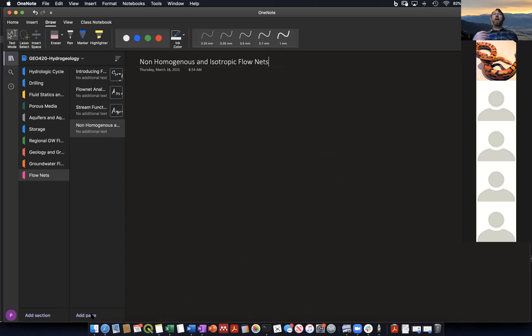So anytime we don't have isotropy or we don't have homogeneity or even constant thickness, each one of those changes some of the fundamental rules or relationships with our flow nets. There's still one fundamental rule that always holds. The discharge is always constant along a stream tube. So discharge is always constant within a stream tube.